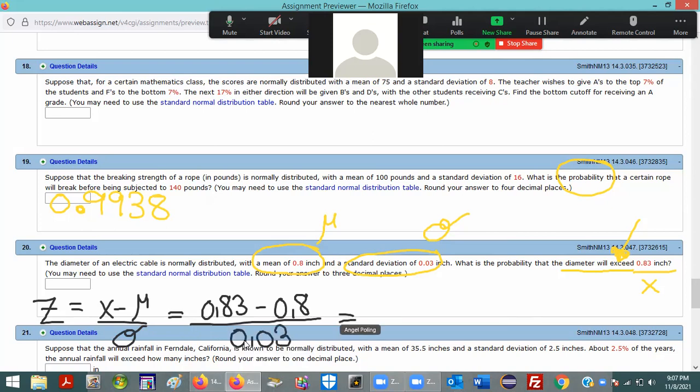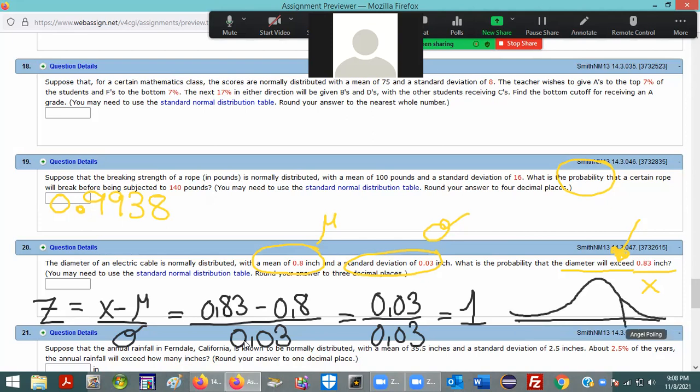That gives us 0.03 divided by 0.03, which is a z-score of 1, right? And you want to know about exceeding a 1, right?